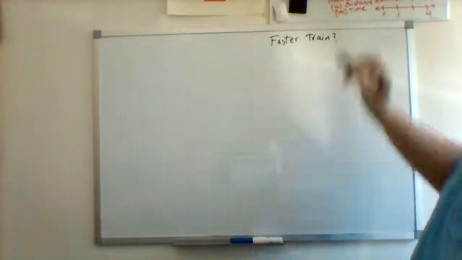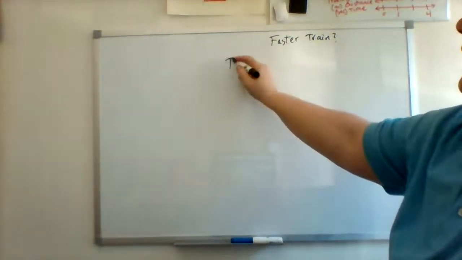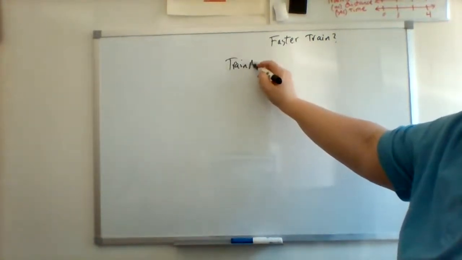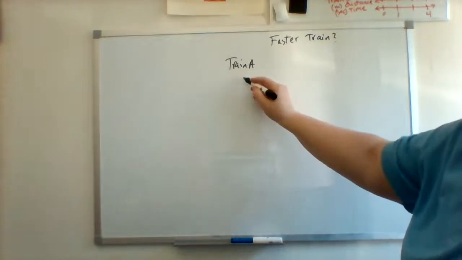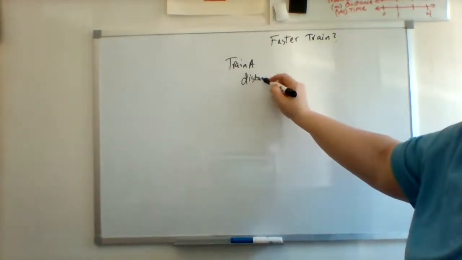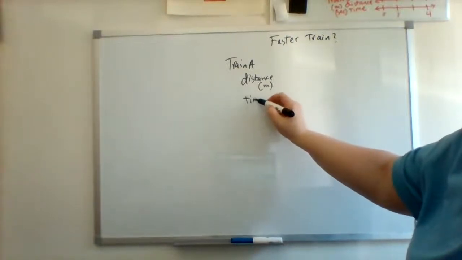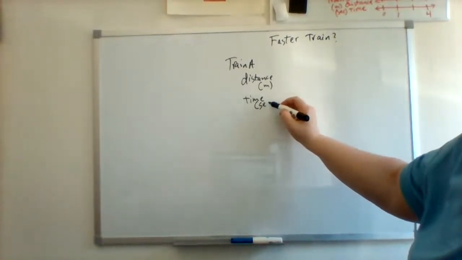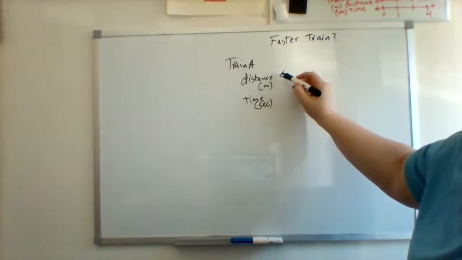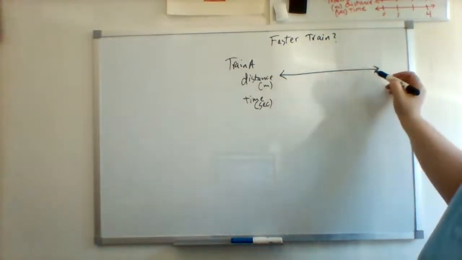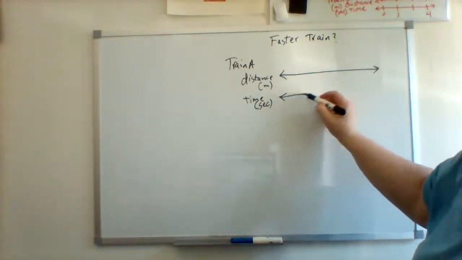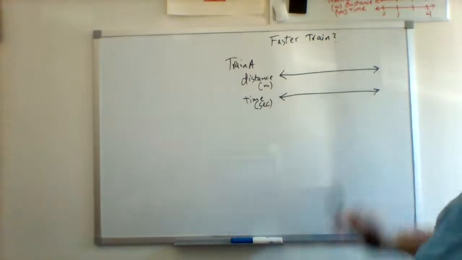We want to know which one is the faster train. And we have train A and the distance, which is being measured in meters, and the time, which is being measured in seconds. Always pay attention to your units. Sometimes they change them up on you, right?